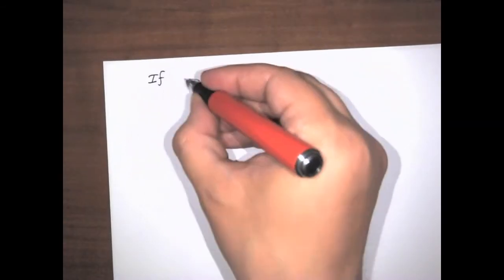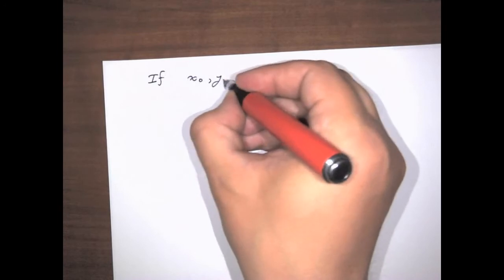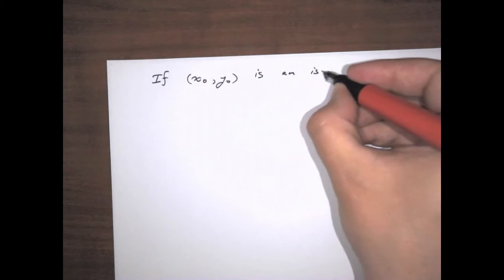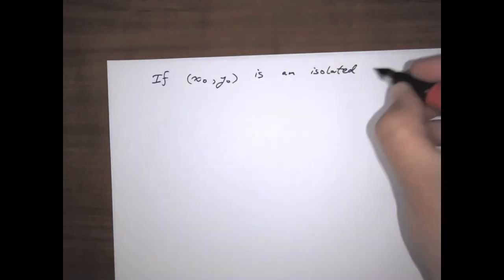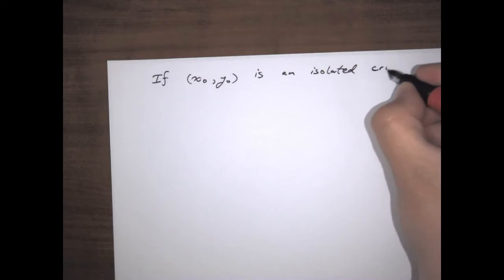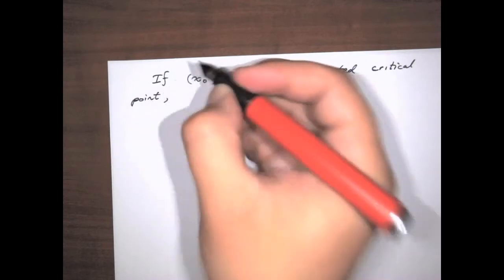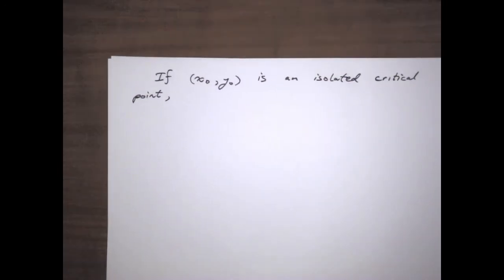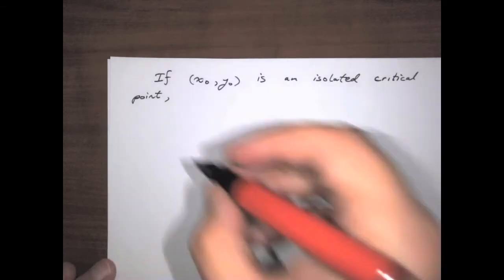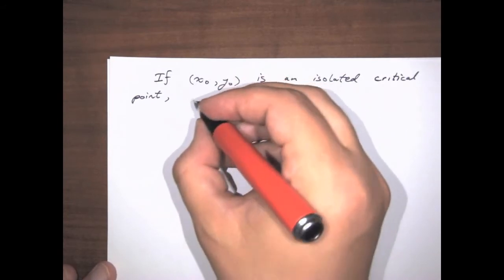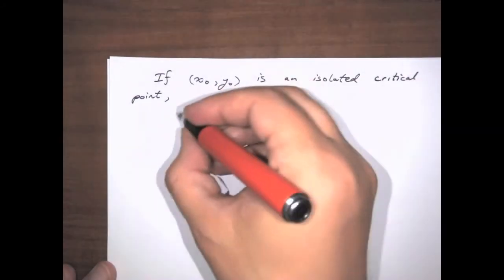So, if (x0, y0) is an isolated critical point, so remember, critical point means that x prime equals 0, y prime equals 0. And isolated means the determinant of the Jacobian at that point is not equal to 0.